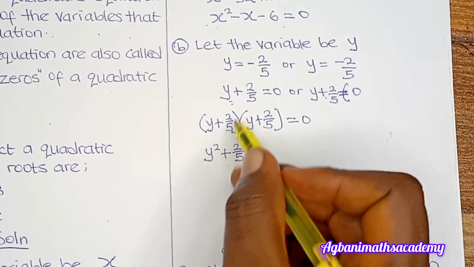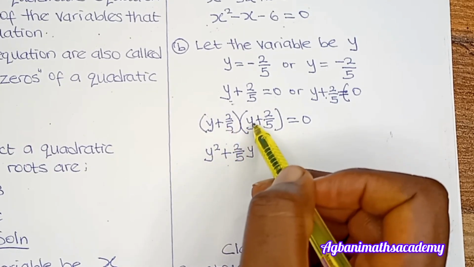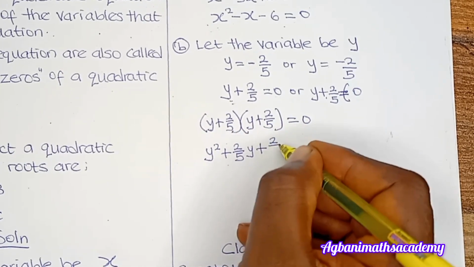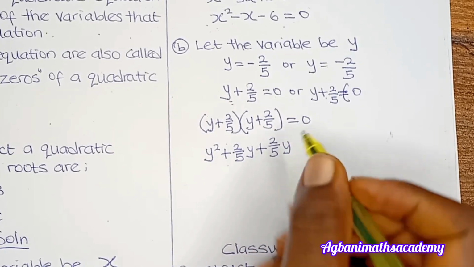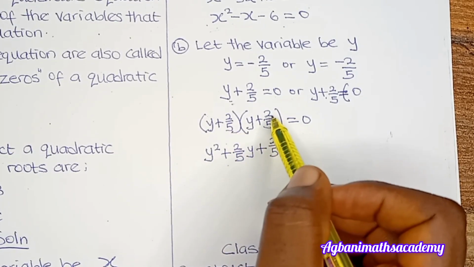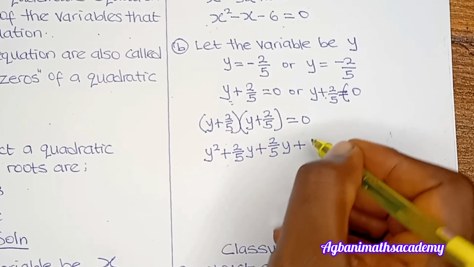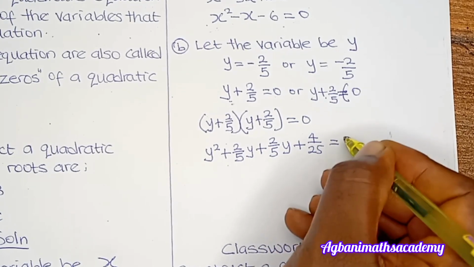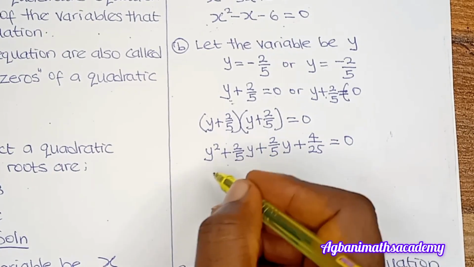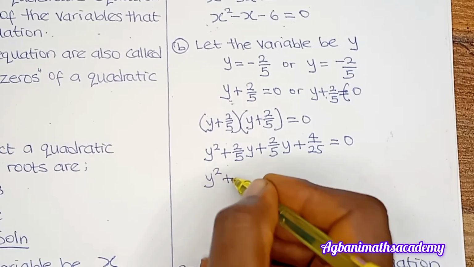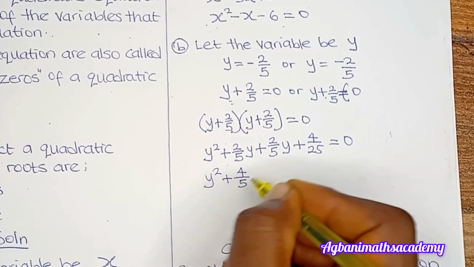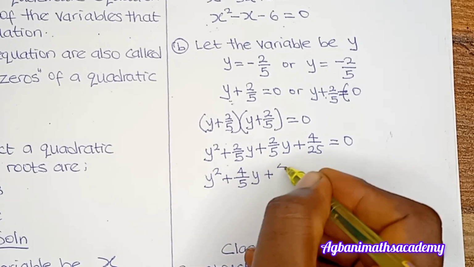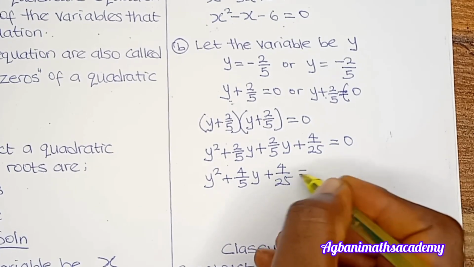Now we go to plus 2 over 5. Plus 2 over 5 multiplied by y gives you plus 2 over 5 y. And plus 2 over 5 multiplied by plus 2 over 5 gives you 4 over 25 is equal to 0. Adding these two together, we have y squared plus 4 over 5 y plus 4 over 25 is equal to 0.